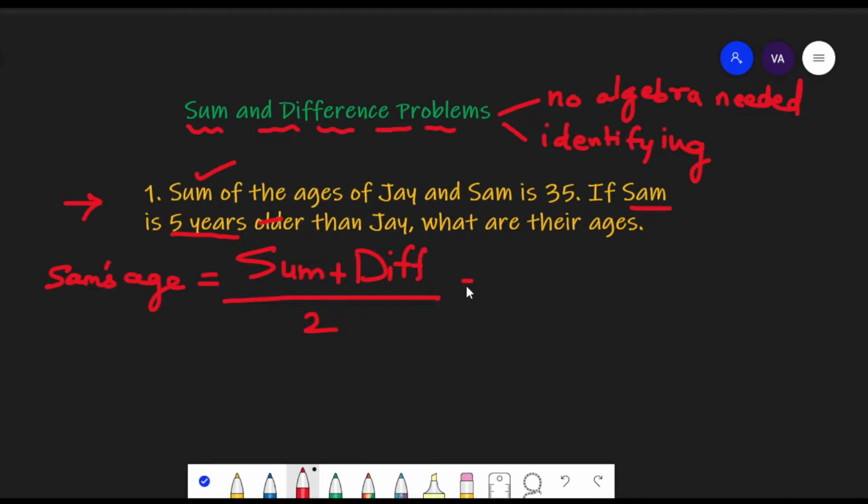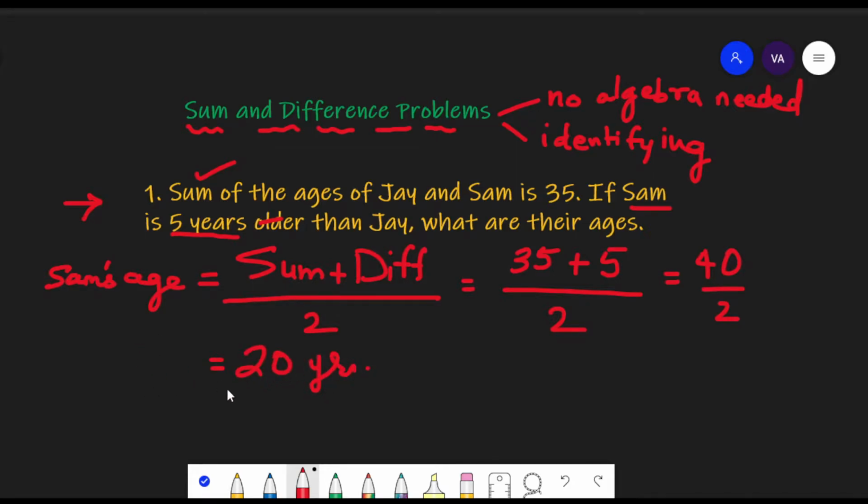Okay, so what is the sum here? It is 35. And what is the difference here? It is 5. You just add sum and difference and divide it by 2. So what do you get here? 40 divided by 2. That is, you get 20 years as Sam's age, because 20 is the bigger number here.